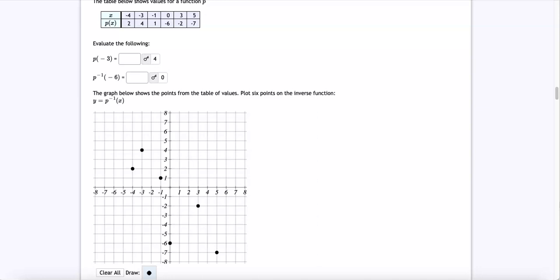So if the original point was -4, 2, and that's from the original p function, then for the p inverse function, let me write a little p inverse here.